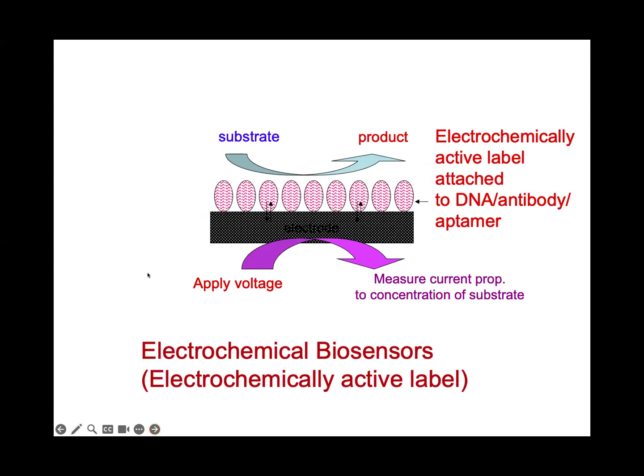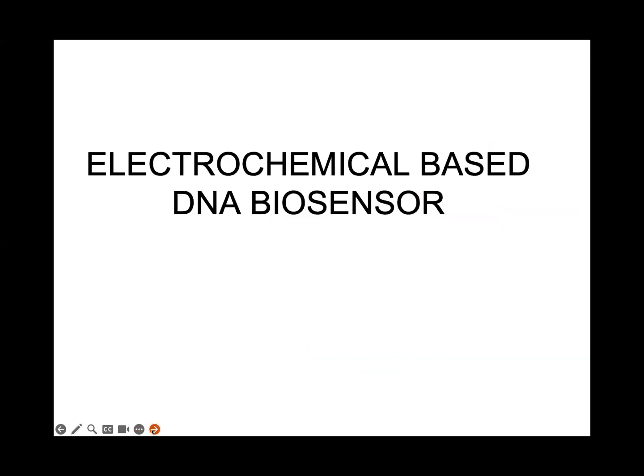What we are targeting in getting the biological material, for example DNA, to be electrochemically active is that we have to put a label. We have to put a label on that DNA probe or on any other component in the system. So how do we do that? We have to look at a few types of label. Here particularly I am talking about DNA-based.